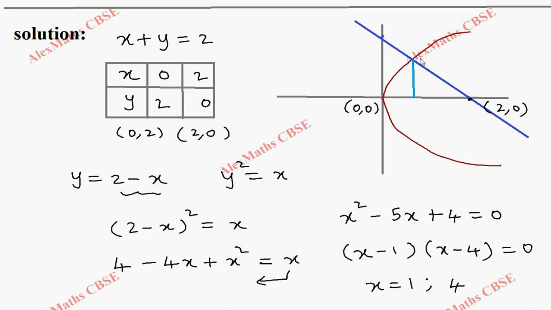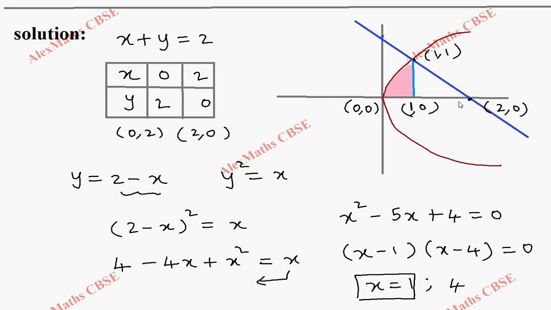But here the value of x is 1. So this point is 1 comma 0. When I substitute this x value 1 in this line, 2 minus 1 is 1. So this point is actually 1 comma 1. Anyway, that point is not needed. We need only the points on the x-axis to get the limit.